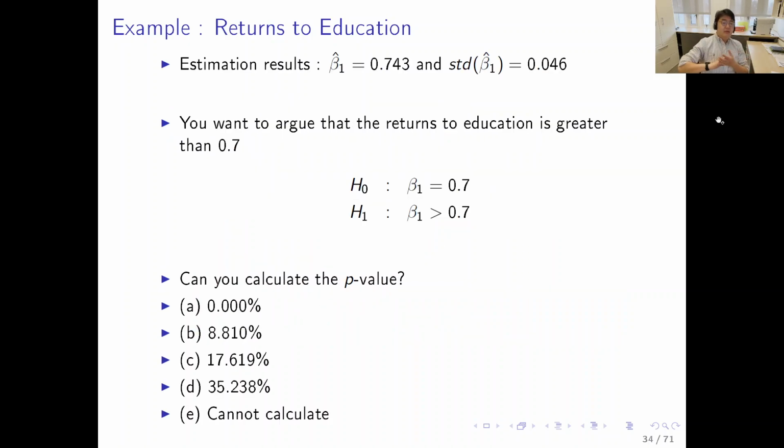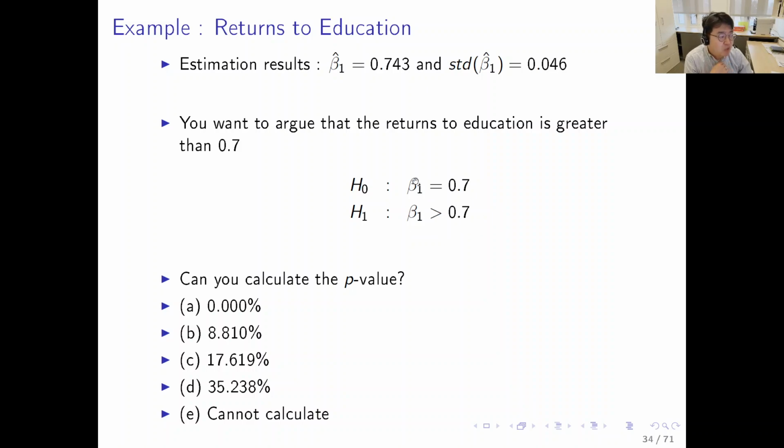Now let's move beyond the simple hypothesis. Earlier, we only tested if education matters or not, whether its effect is zero or not. But you may have other kinds of hypotheses like this. I believe that the returns to education is greater than 0.7.